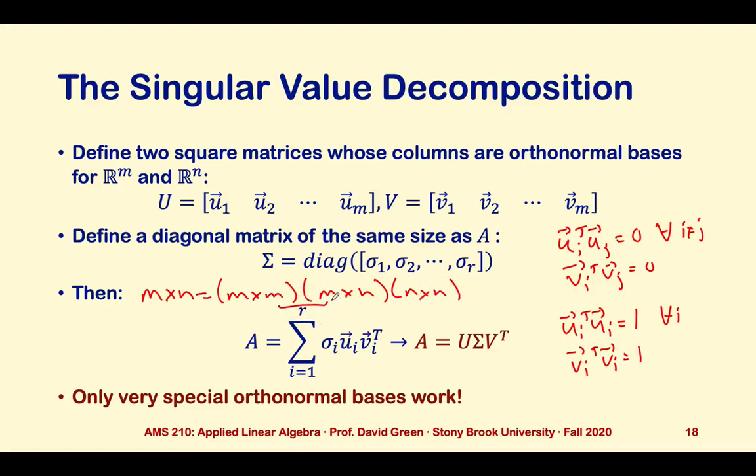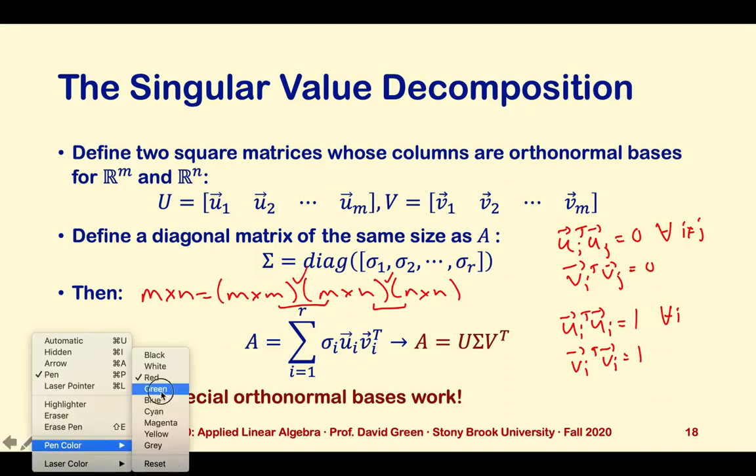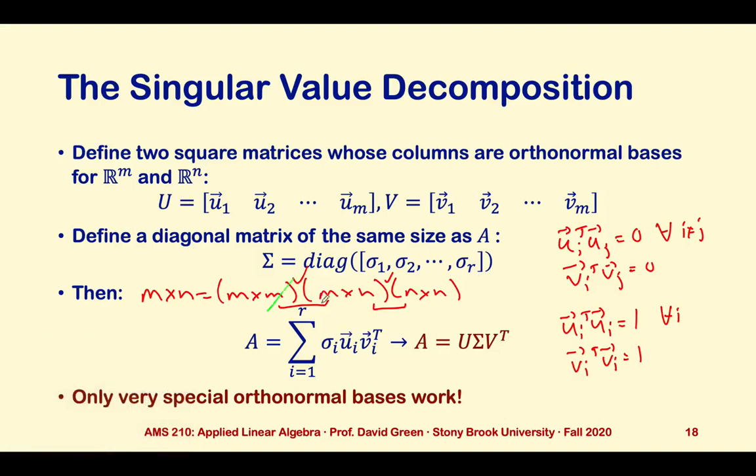The inner dimensions here match, so that tells us that these products are well defined. They will disappear in taking the product, leaving us with M by N, which is a matrix of the same size. And this is the product that we're going to be evaluating. We can sort of think about where this comes from.